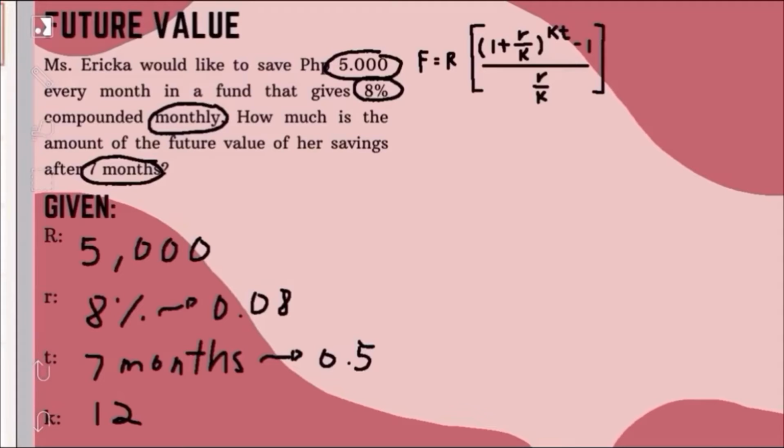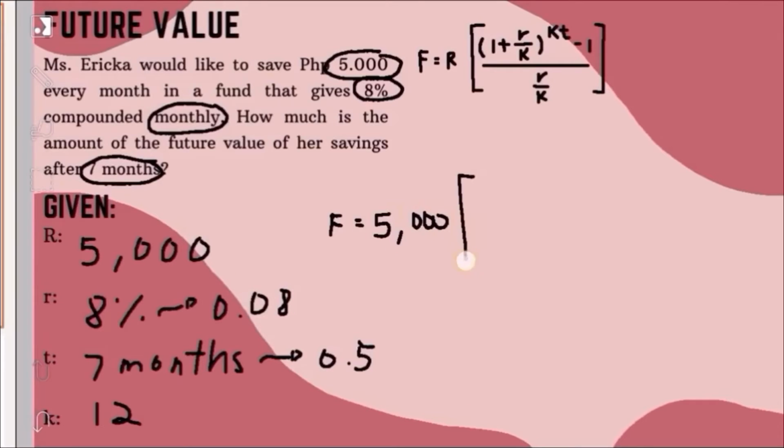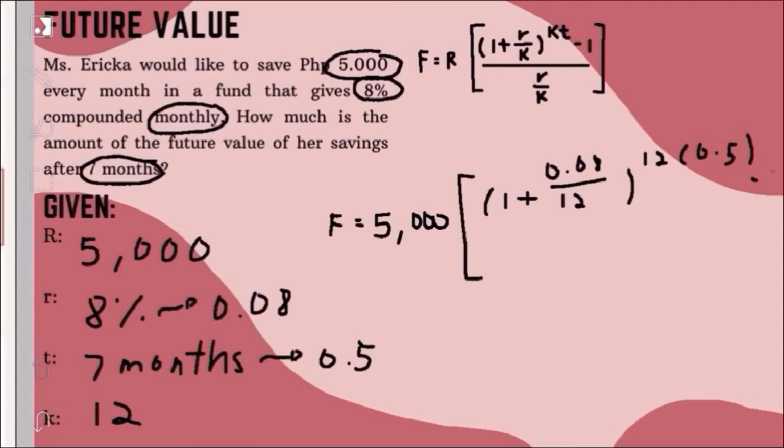Ito po yung gagamitin nating formula. So, we have F equals R times 1 plus R over K raised to KT minus 1, all over R over K. F is equal to R is 5,000, open bracket, 1 plus our R is 0.08 over K is 12, raised to KT is 12 times T is 0.5, minus 1, all over our R is 0.08 over K is 12.